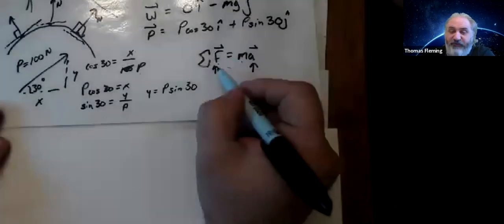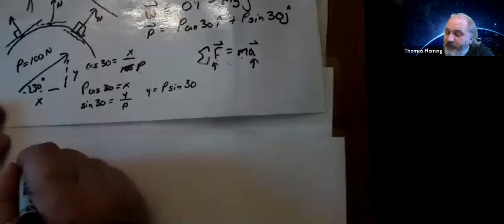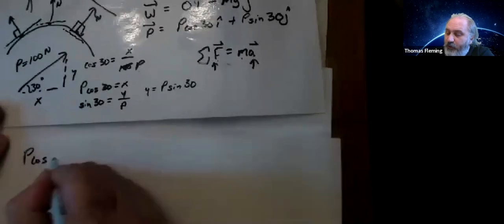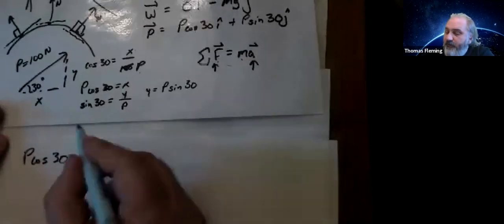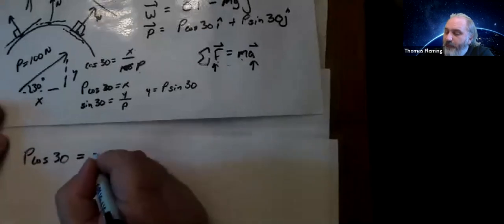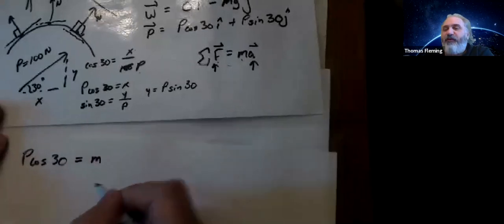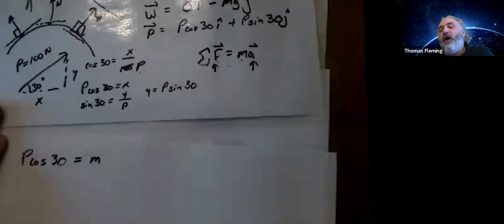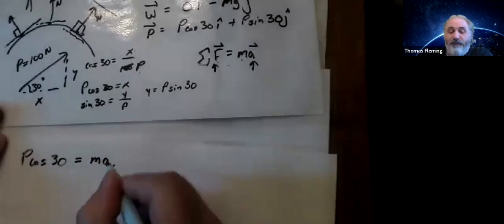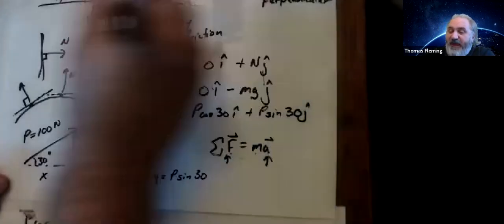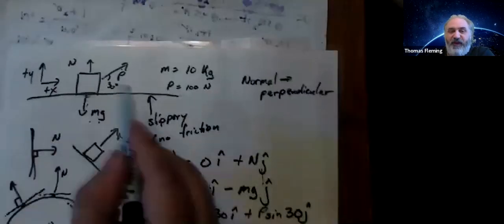So the left-hand side of this equation is going to be just P times the cosine of 30. Boom, full stop, I'm done. That's got to equal the mass times just the x portion of the acceleration. So I'll call that a sub x. It's whatever acceleration my box has in the sideways direction.